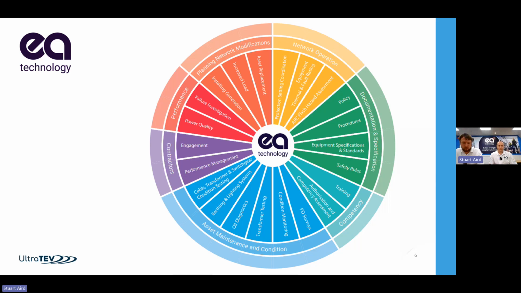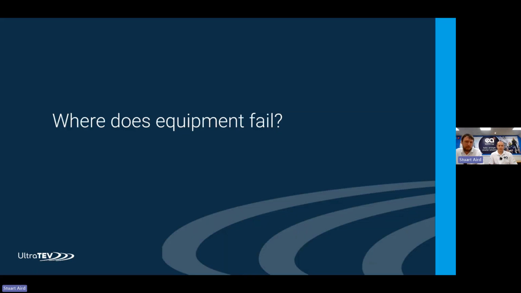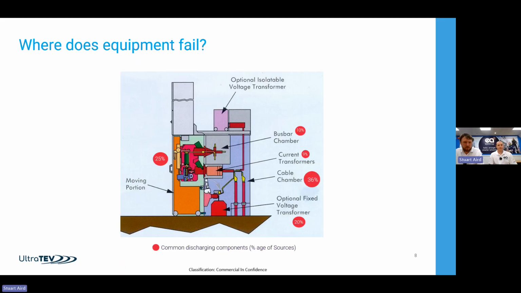Those who did join us on the last webinar will remember this slide coming up, which is about where equipment fails. We showed this textbook example last time, which highlighted that failures can occur in multiple places. More often than not, they're in either moving portions or areas where people are involved, such as cable terminations. The slide deck we've got today covers the whole area, and also covers a little bit on transformers.